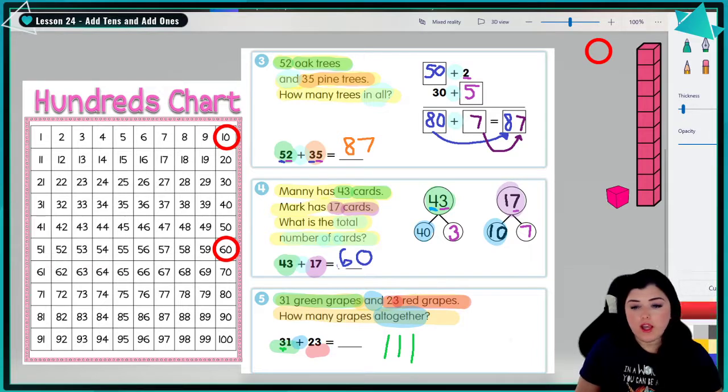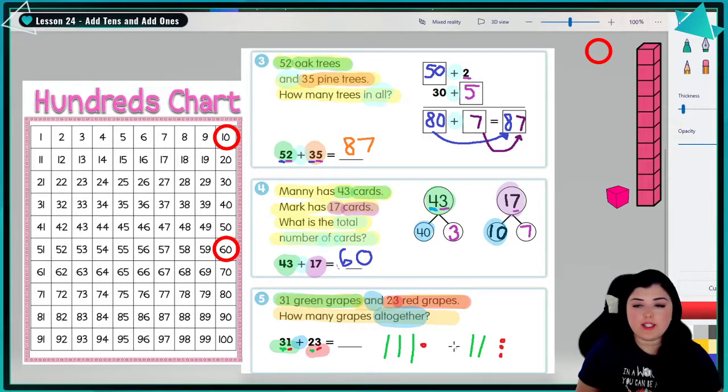And 31 has 1 one, so I'm going to draw 1 circle. Then I'm going to look at 23, and I know 23 has 2 groups of 10. 1, 2. And 23 has 3 ones. I'm going to draw 3 circles. 1, 2, 3.